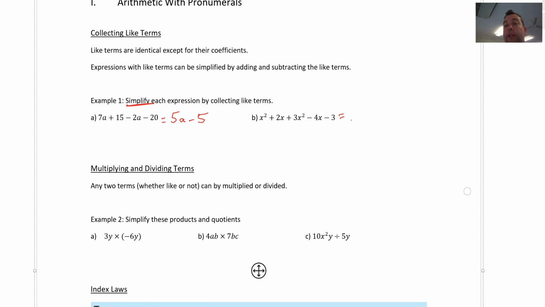It's always good to work from the biggest power to begin with, generally. So, I've got an x squared and another 3 of them. That means I've got 4x squared terms. All right, 4x squared. I've got a 2x and minus 4x is minus 2x. And finally, there's a negative 3 there. There are no terms like that constant negative 3, so that means 4x squared minus 2x minus 3, like that.